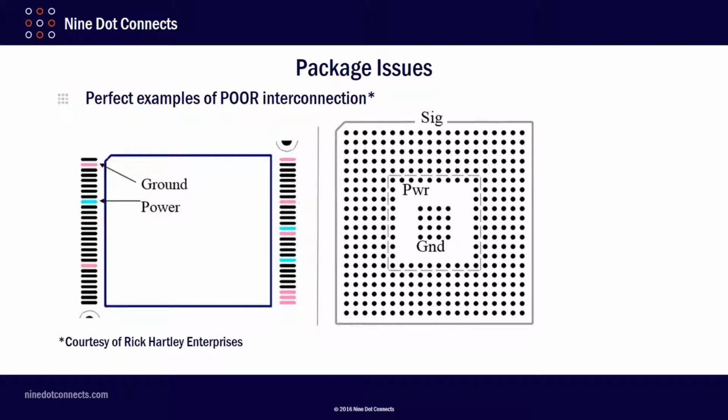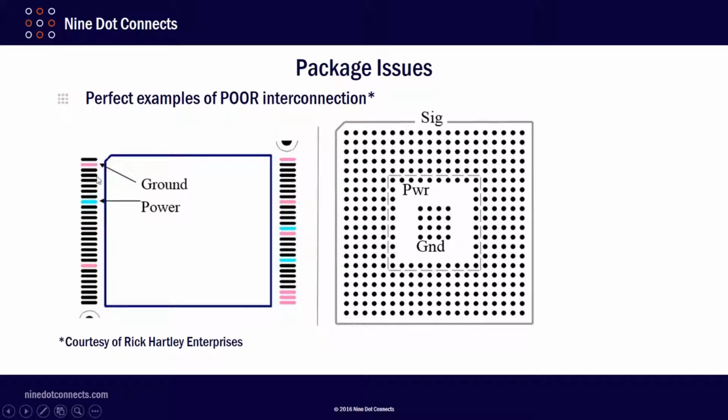That's because most of those packages weren't designed with high-speed designs or sharp edges in mind. They were more worried about compatibility. So they would put power on pin 1 in one corner, and then you would have ground on pin 8 in the other corner, or something similar to that.